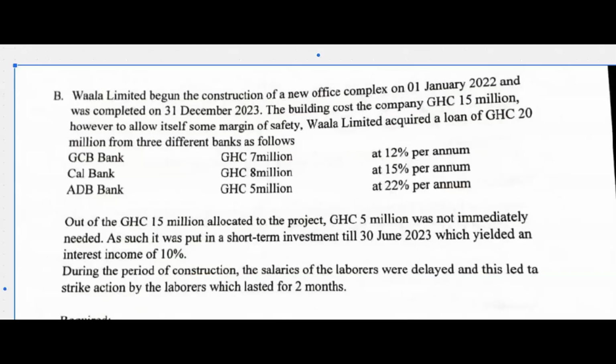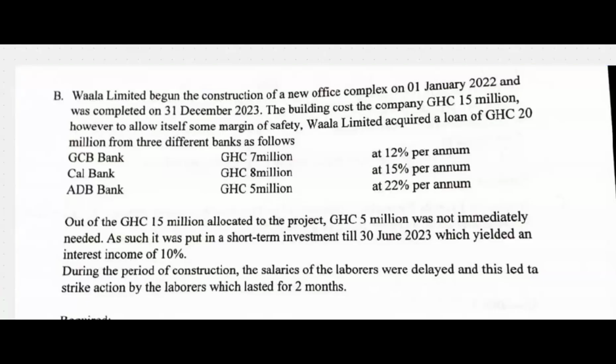WALA Limited began the construction of a new office complex on 1st January 2022 and was completed on 31st December 2023. The building cost the company 15 million Ghana cedis. However, to allow itself some margin of safety, WALA Limited acquired a loan of 20 million from 3 different banks as follows.